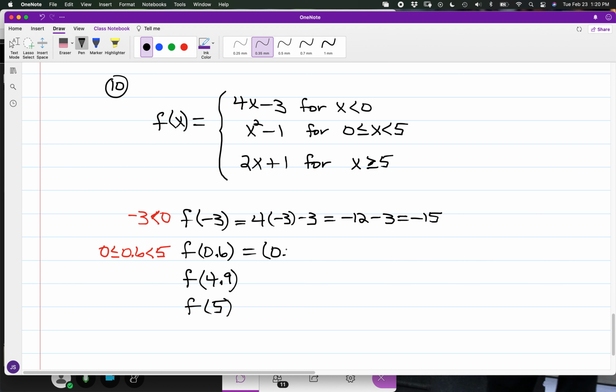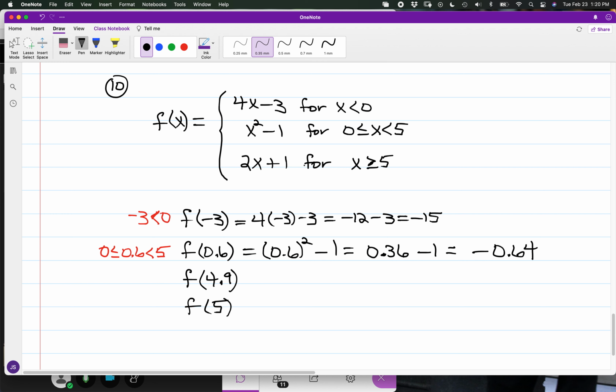In this case, you have the square of the input minus 1. So we have 0.6 squared, which is 0.36. And if we take away 1, we're going to have a negative value in this case, which will be -0.64.